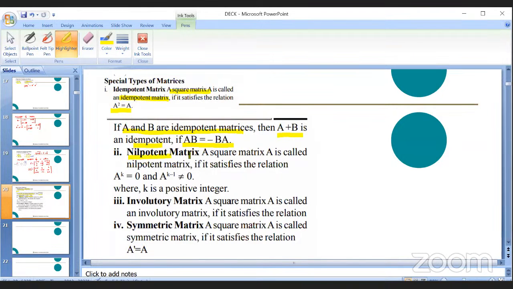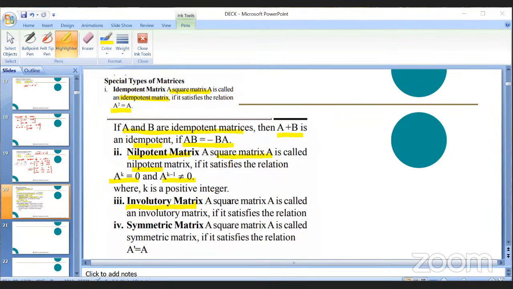Next, nilpotent. If A power K is 0, A power K minus 1 is not 0, then the square matrix A is nilpotent matrix. What is involutory matrix? Any idea?